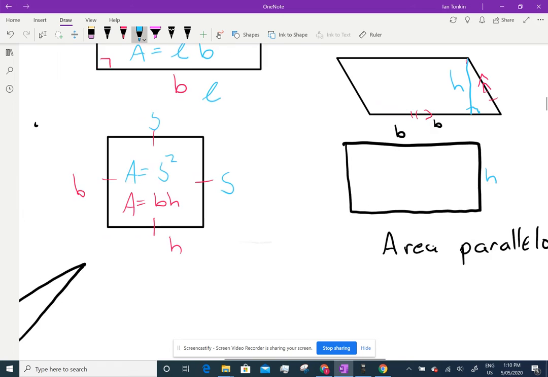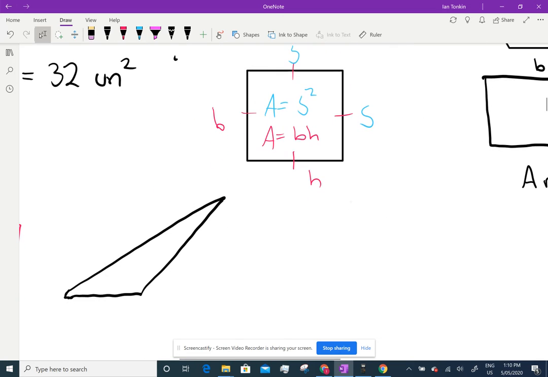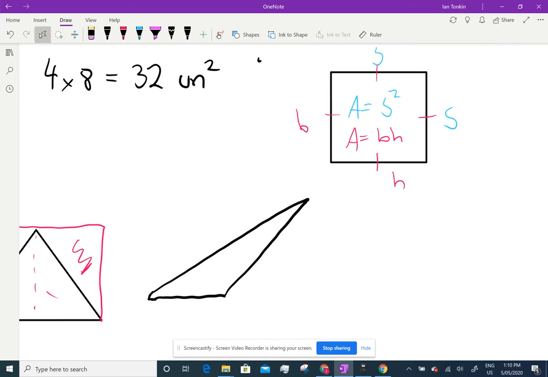Okay, now that we know that a parallelogram is base times height, watch what we can do with this.